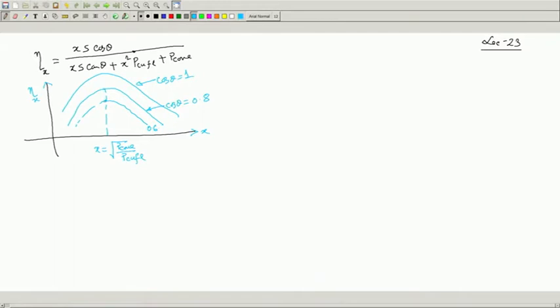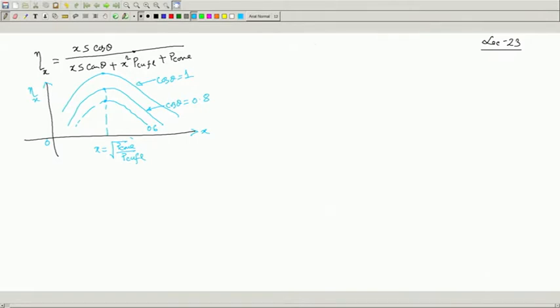The maximum efficiency points of course will always lie on this, as we have discussed. Therefore, the highest efficiency of a transformer will occur when the load connected is at unity power factor and the value of x is this number. At x into S kVA maximum efficiency will occur.